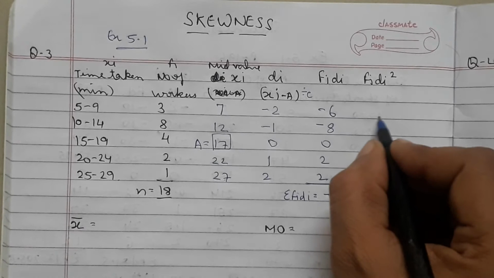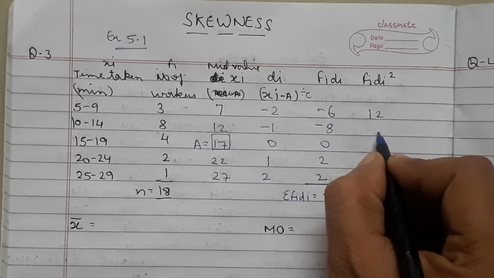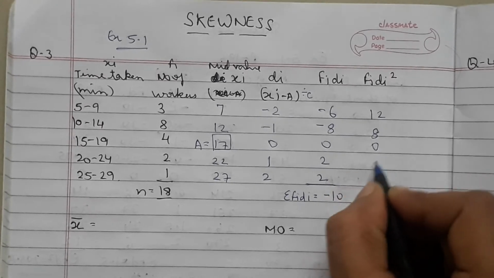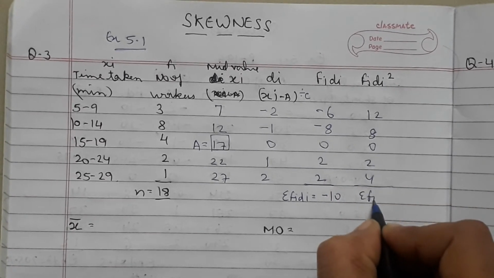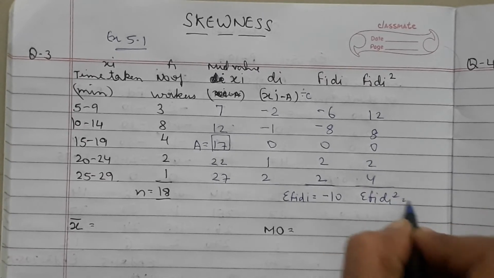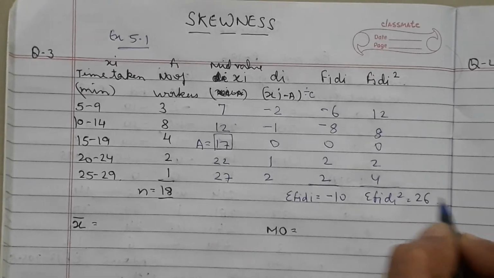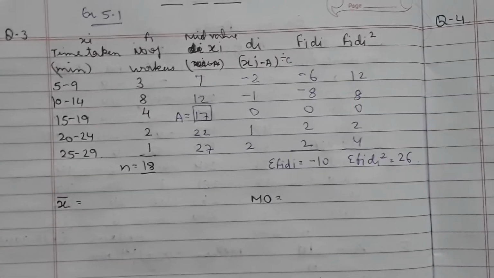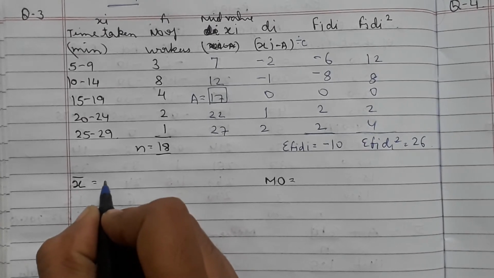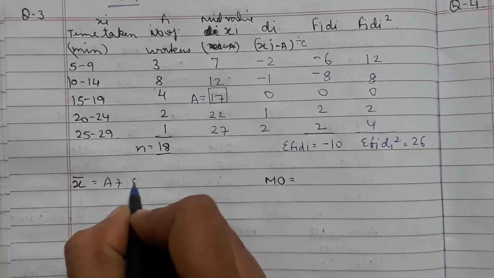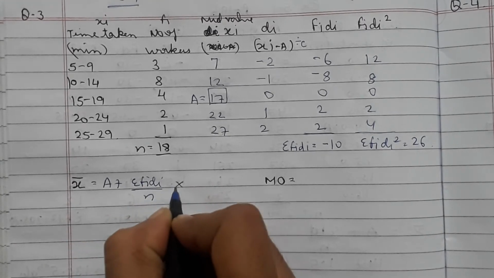So minus into minus, it will become plus. Sum of fi di square will be 26. Now applying the first formula, x bar is equal to a plus sigma fi di upon n into c.